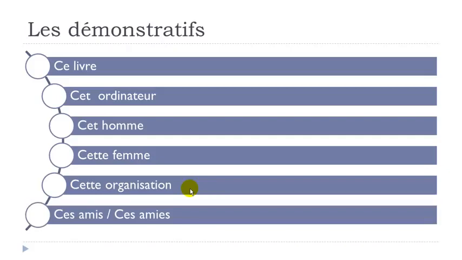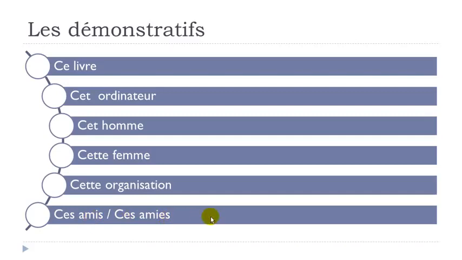And then plural, whether it's masculine, so we've got friends here at the masculine plural form, and friends here at the feminine plural form, but the adjectif démonstratif here, as you can see, will be the same. Ces amis, ces amis.